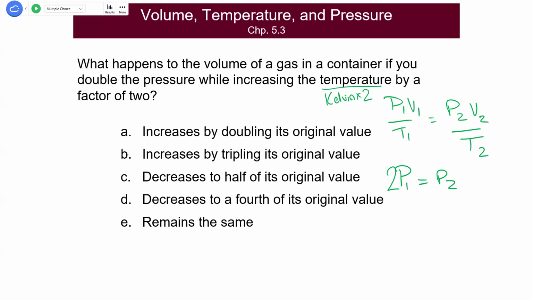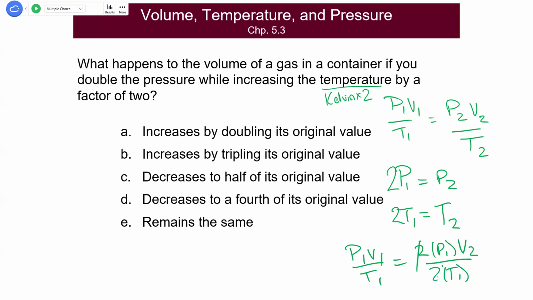And we are increasing temperature by a factor of 2, so 2 times temperature 1 would be temperature 2. If we plug that in, we get P1 V1 over T1 equal to 2 times P1 V2 over 2 times T1. Those will cancel out, so V2 is going to be the same as V1. So the volume remains the same.